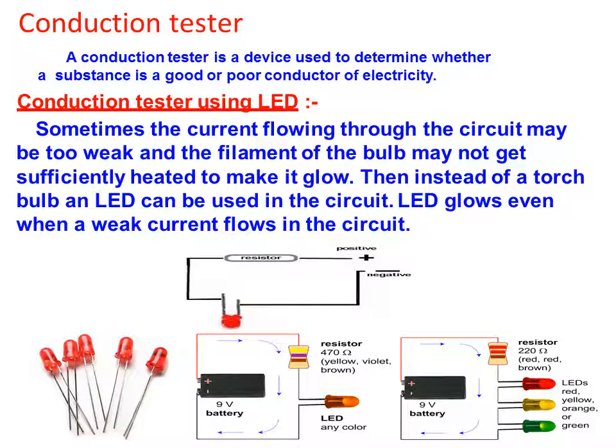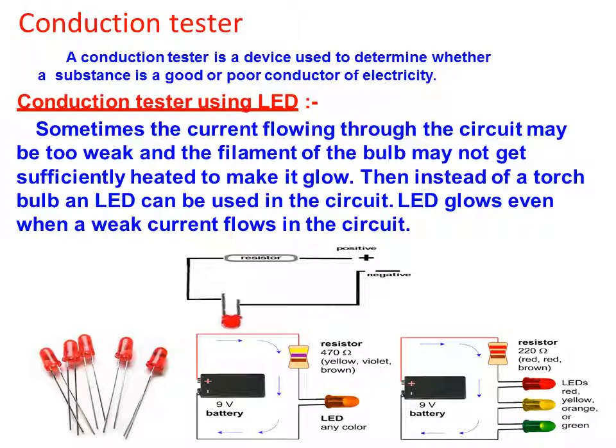Then let's talk about the conducting tester. As we discussed in our previous slides at the beginning of our videos, non-conductors are those materials which do not allow electric current to pass through them. But an LED bulb has the capacity to glow even when a weak current flows in a circuit.